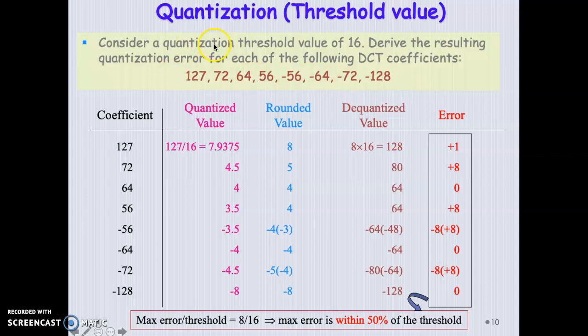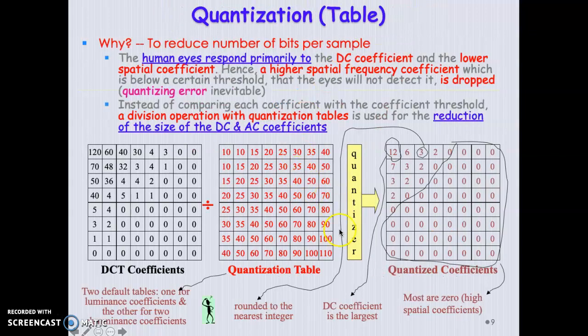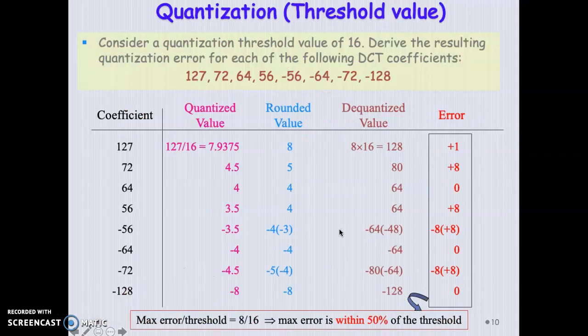So consider a quantization threshold value of 16. For example, here you will calculate the difference. So first you derive the resulting quantization error for each of the following DCT coefficients.